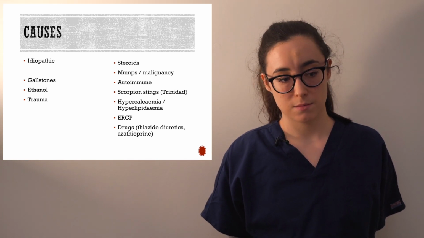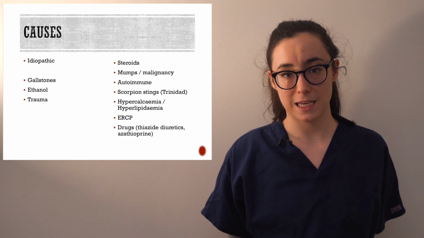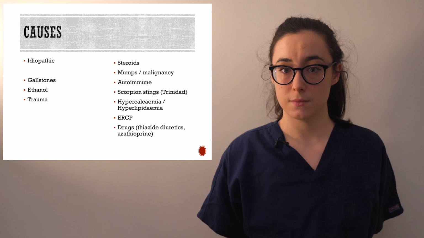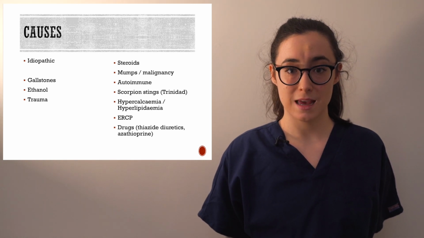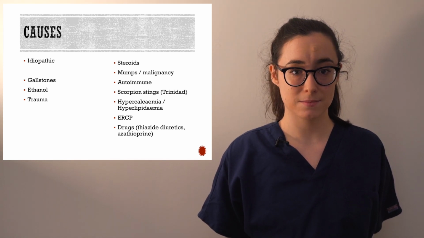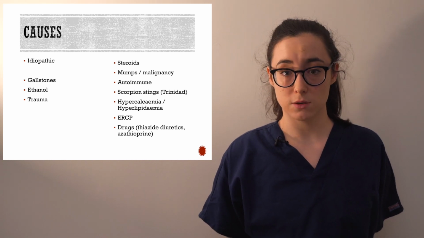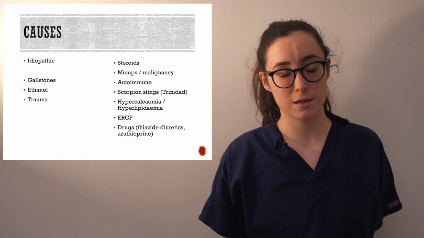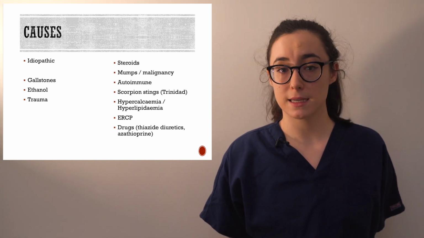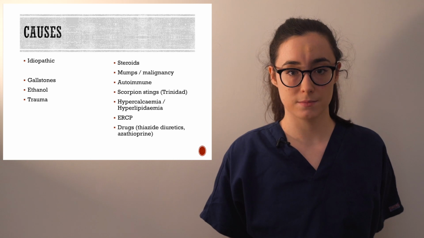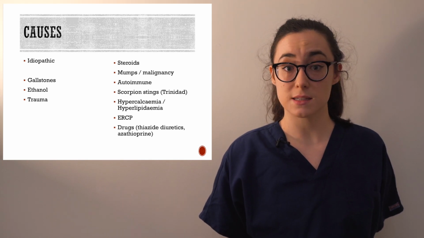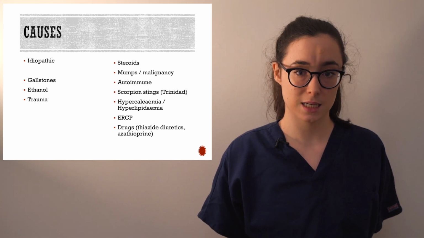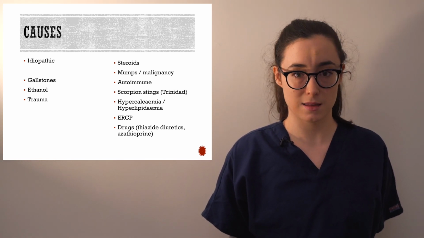I is idiopathic, G is gallstones, E is ethanol or alcohol, T is trauma, S is steroids, M is mumps or malignancy, A is autoimmune, S is scorpion stings, although this is very rare, H is hypercalcemia or hyperlipidemia, E is ERCP, and D is drugs, including thiazide diuretics, thiazide-like diuretics, and azathioprine.